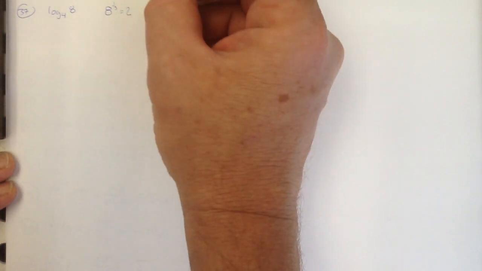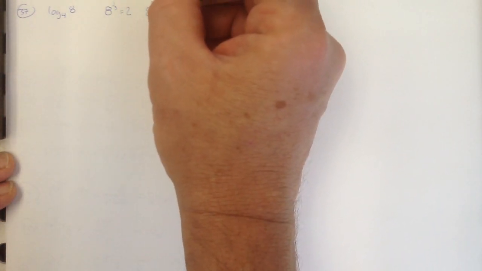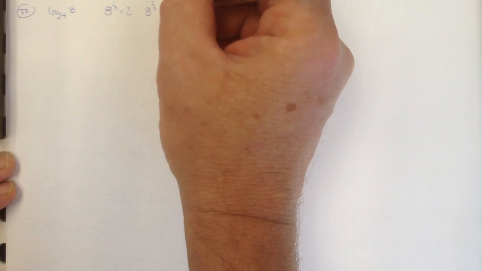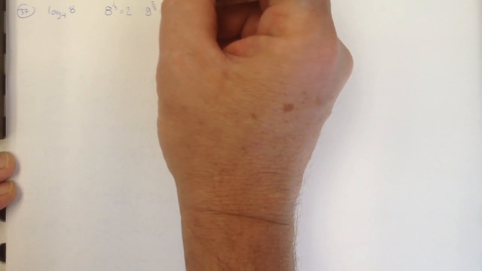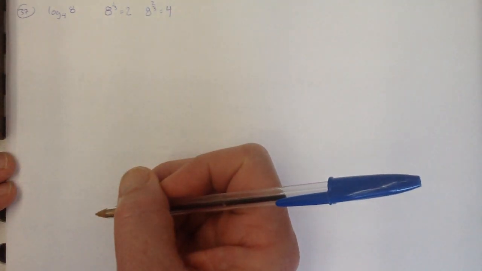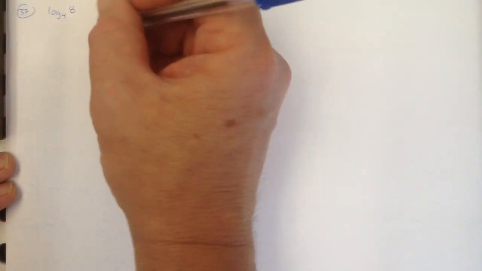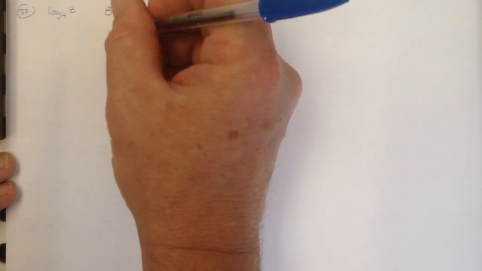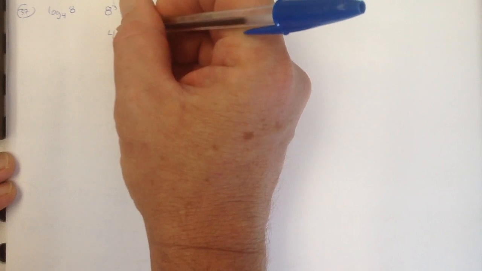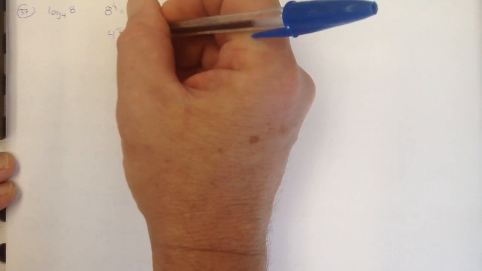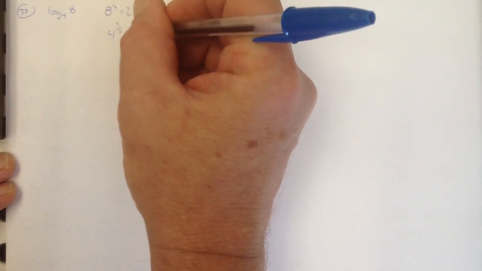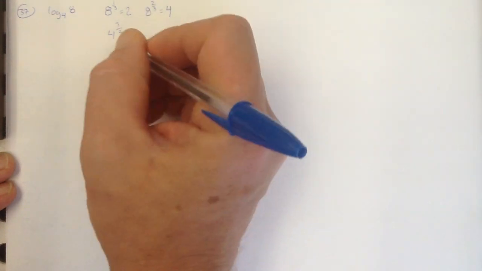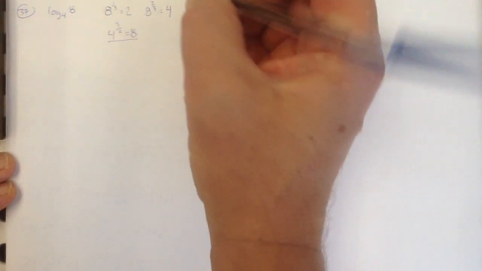So that means that 8 to the 2/3 is equal to 4. And likewise, if you take the square root of 4, that's 2, and if you cube that, you get 8. So I think that's probably the key here.